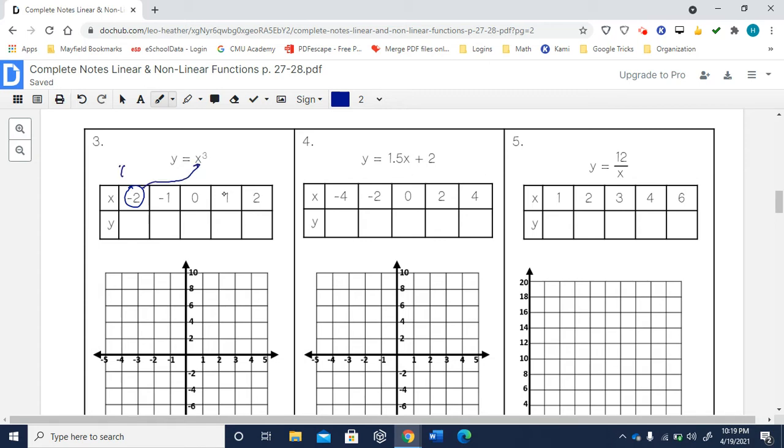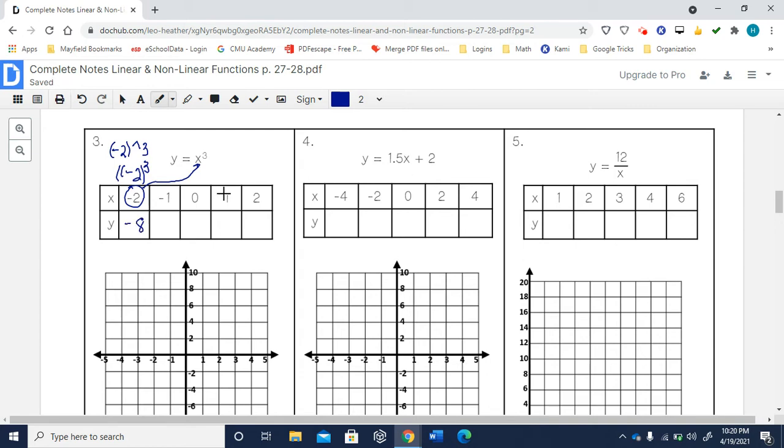Okay, so I have -2 to the third power, which is the caret. The way that you type this into your calculator is -2 caret 3. And that means -2 times -2, which is 4, times -2, which is -8.